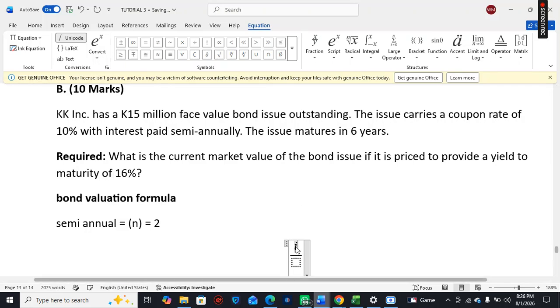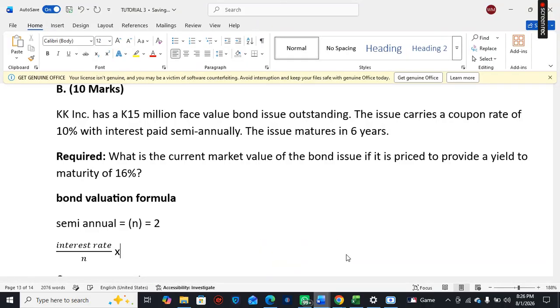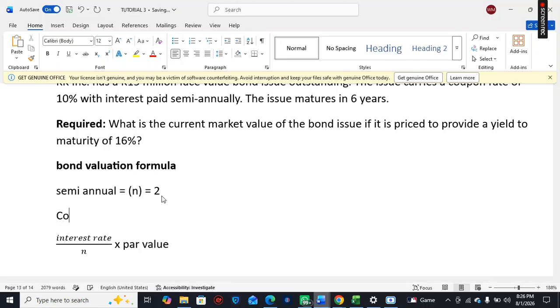Let's say interest rate divided by n times our value.